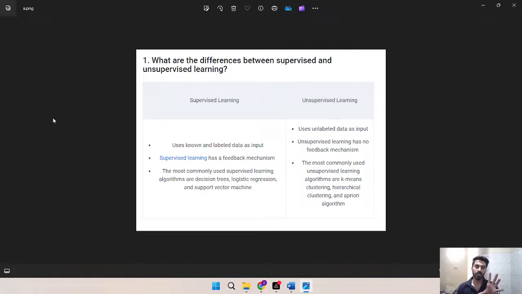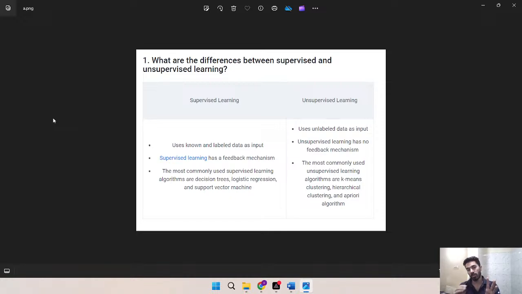The second difference is about the machine learning algorithms that you can use. In supervised machine learning you can use linear regression, logistic regression, decision tree, random forest. These are some machine learning algorithms that you can use, or you can use deep learning also.